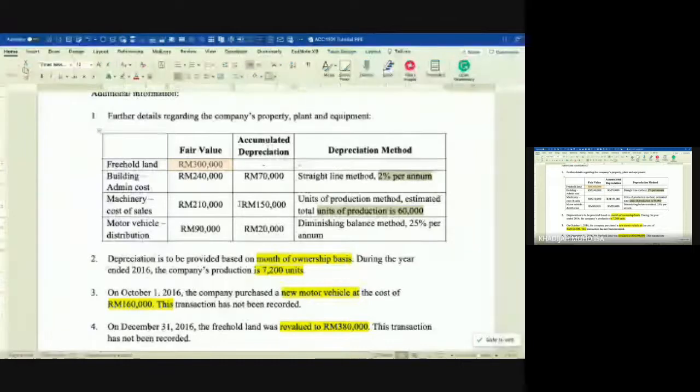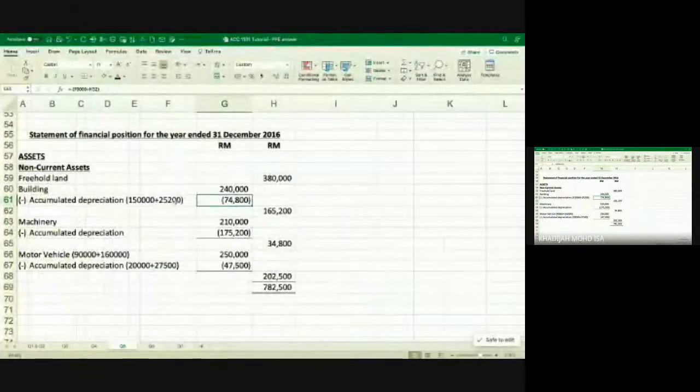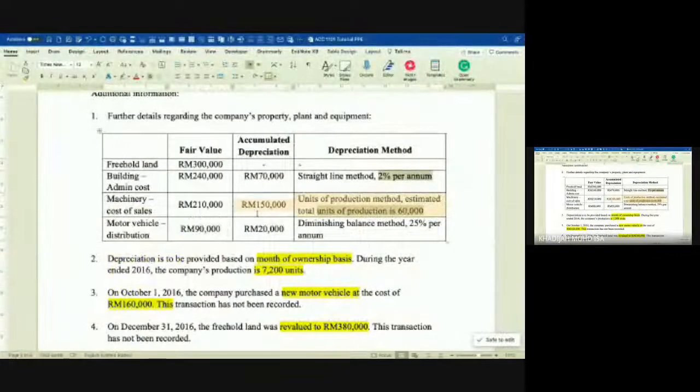Machine, right? And then during the year you have another 25,200. Machine, initially you have 210.